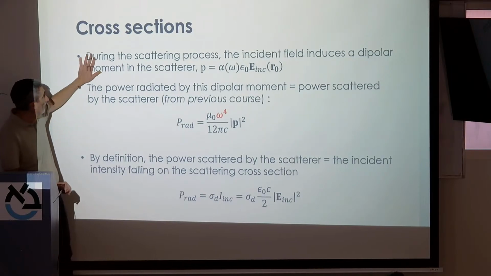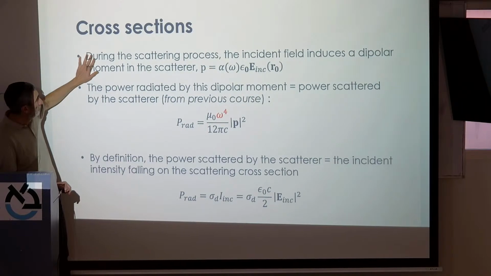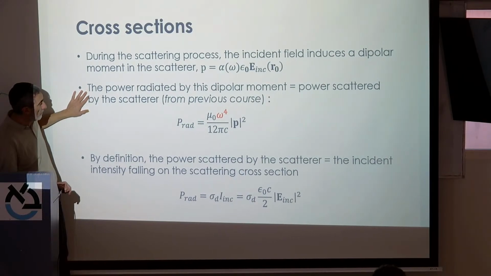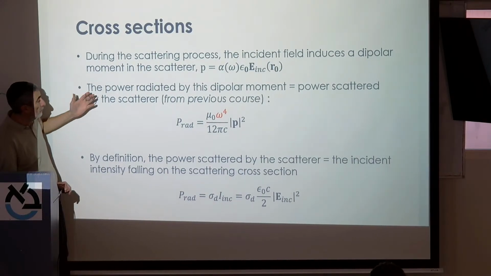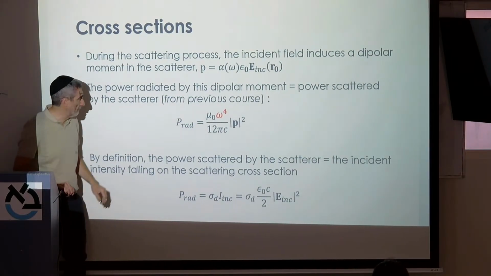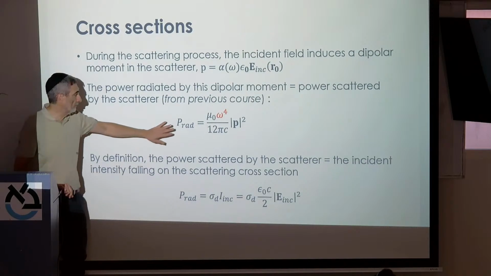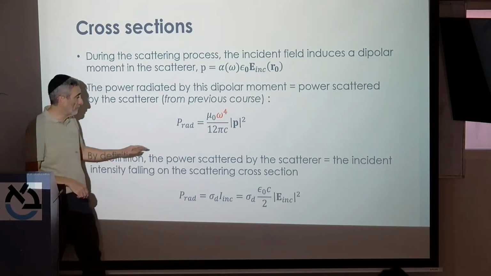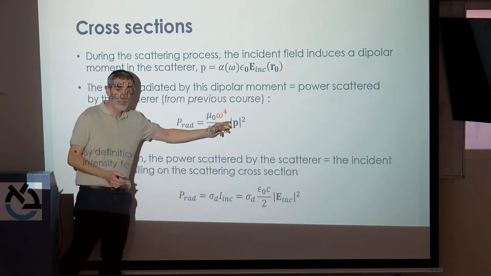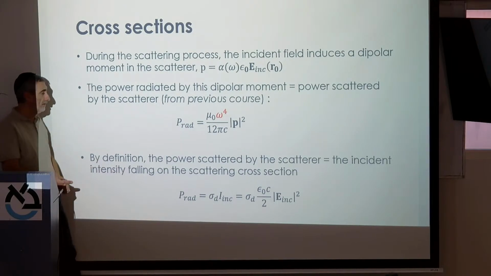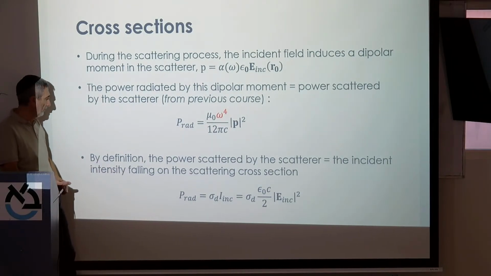The scattering process induces a dipole moment. The power radiated by this dipole moment is equal to the power scattered by the scatterer, and is given by this expression from the last course. What is new is that now we have an expression for P, because we know what happens inside the scatterer.